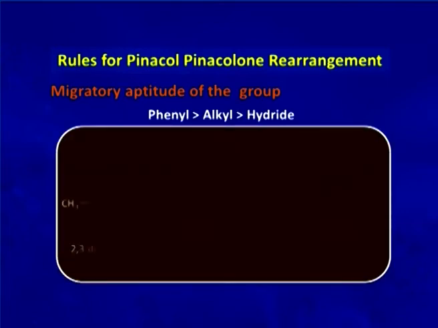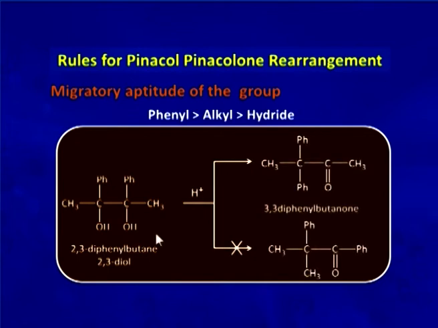In the present example, you will see that when this 2,3-diphenyl butane 2,3-diol undergoes Pinacol-pinacolone rearrangement, either of the two hydroxy groups can be protonated because both the carbons are symmetrical or same. Now, when water goes off after protonation, a tertiary carbocation is generated.